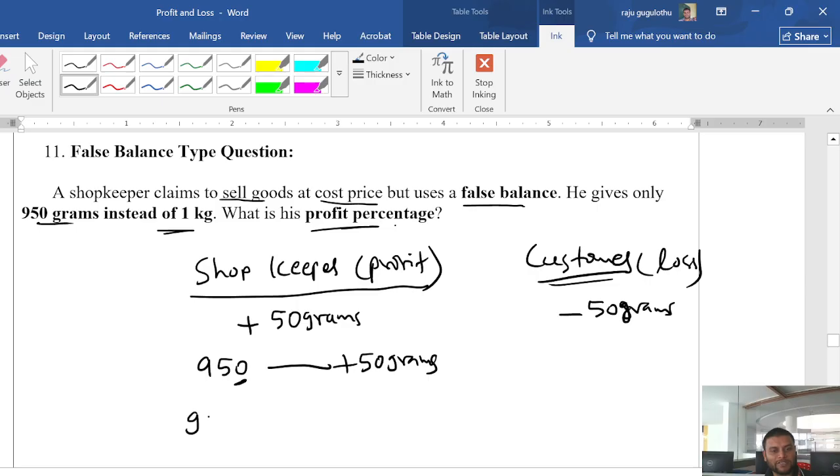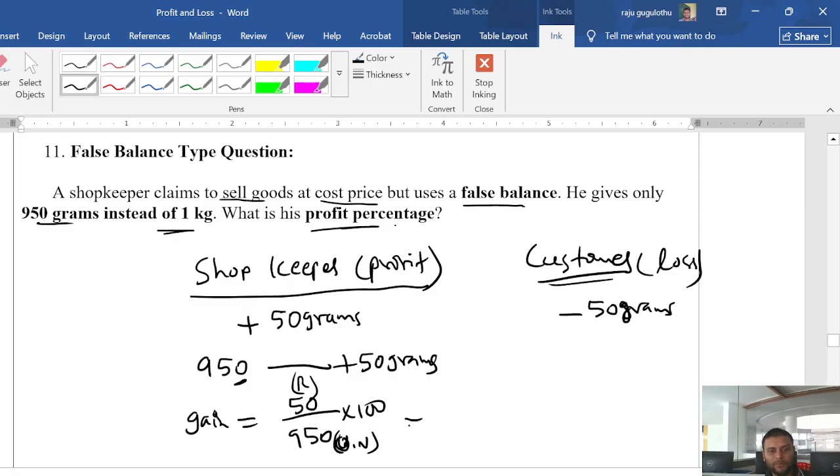So the gain percentage for the shopkeeper will be 50 divided by 950 into 100, because in percentage calculation, you know, it is result by original number into 100. The original number for the shopkeeper is 950 grams, and on every 950 he is getting a return of 50 grams, that is the result.